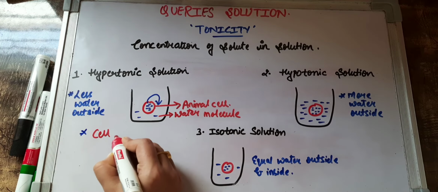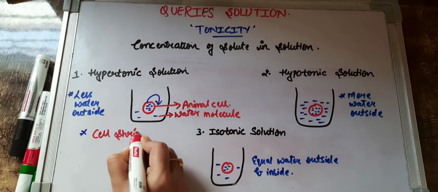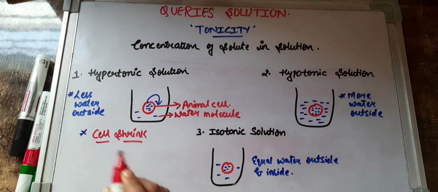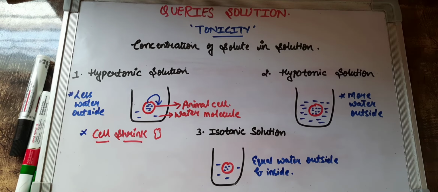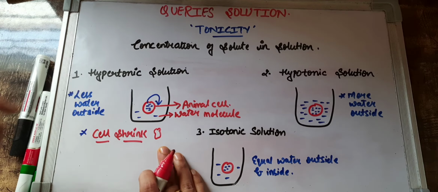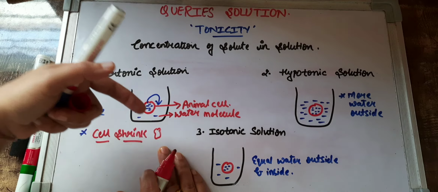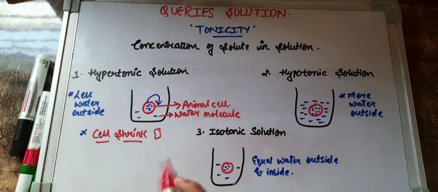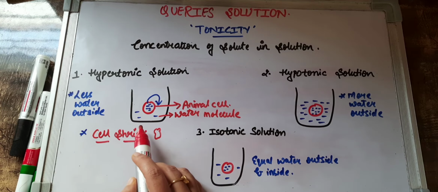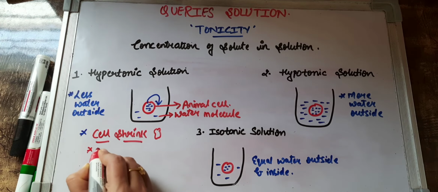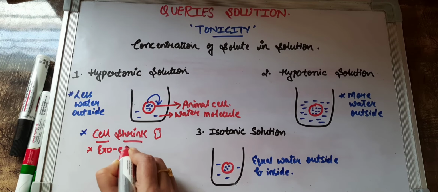So whenever we place an animal cell in a hypertonic solution, the cell will shrink in size. And why is the cell shrinking? Because the water content inside the cell is higher compared to the hypertonic solution. So because of what type of osmosis is it losing water? Because of the process of exosmosis.